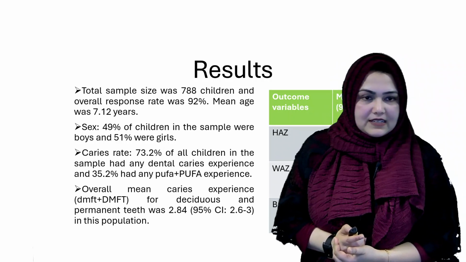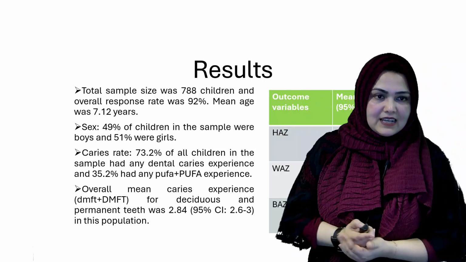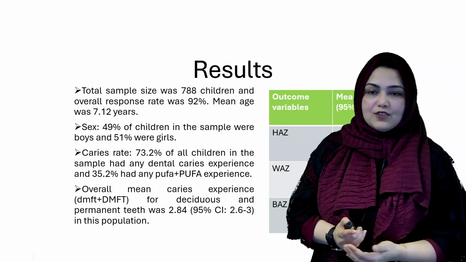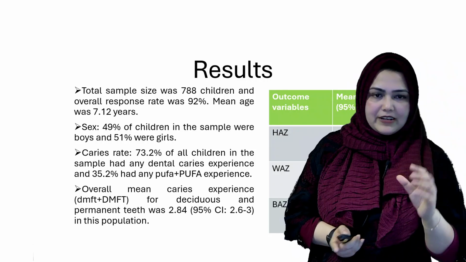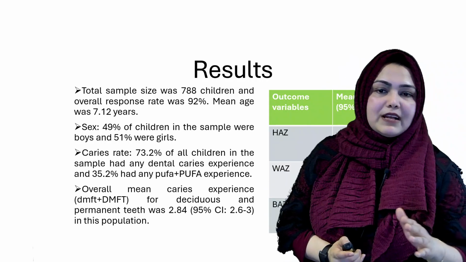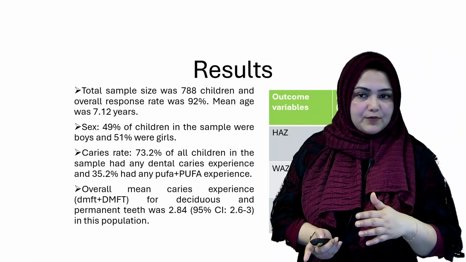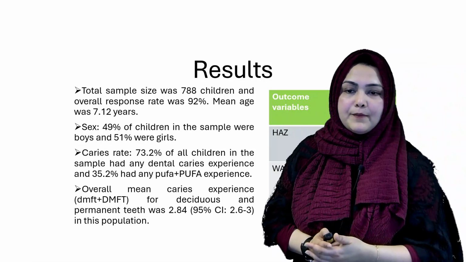So after doing the data analysis, this is the summary result that I got. I'm going to share a very brief summary of the results with you. Total sample size was 788 children, and the mean age was 7.12 years.